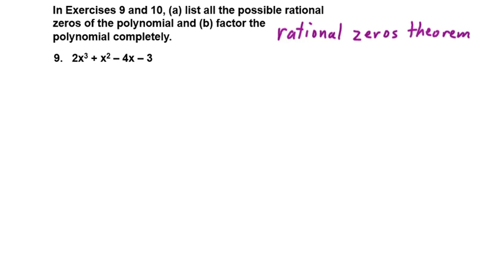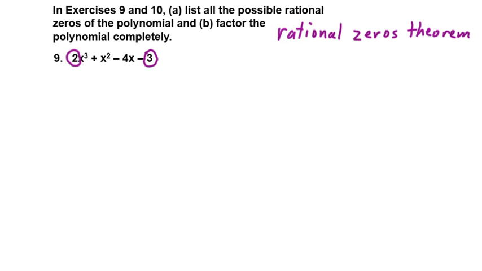And that is, the rational roots or rational zeros theorem has to do with using the leading coefficient of the highest powered term, or the leading term, which is 2, and the last term, in this case, the constant term 3.